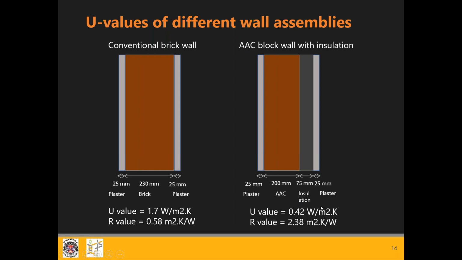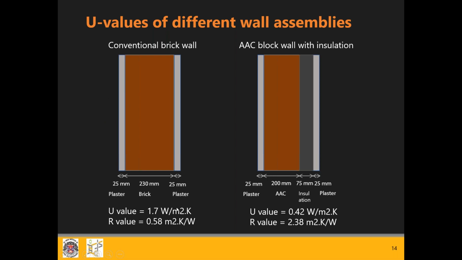Right? That means 0.42 watts per 1 square meter of wall will be the heat transfer for 1 degree change in temperature, whereas in this case it means that 1.7 watts per square meter of wall area will be the heat transfer for 1 degree change in temperature.